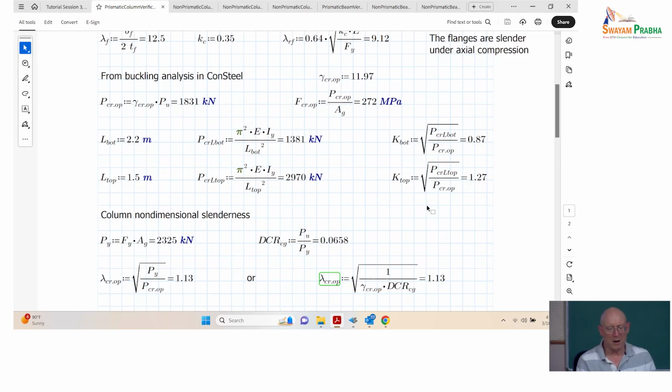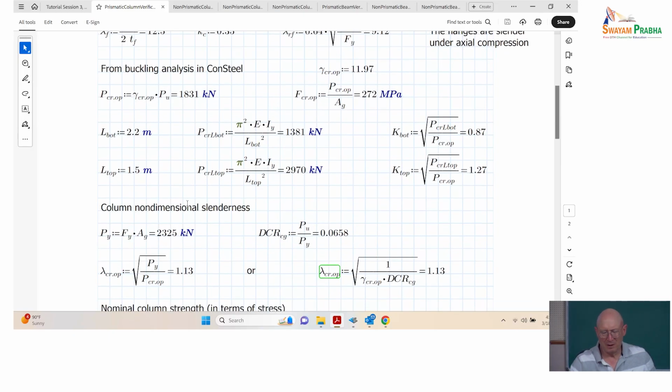The bottom is tending to destabilize the top. The top is tending to help stabilize the bottom. So the bottom is buckling at a load a little bit higher than the pin-pin load because of the restraint from the top. The top is buckling at a load a little bit smaller than the load for a pin-pin column. That all good?